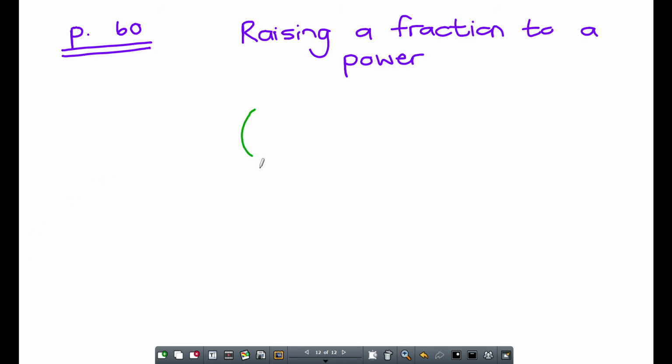If I have a over b in brackets to the power of n. Can you see I've got a fraction and that whole fraction to the power of n? Good. Because that n applies to everything inside the bracket, it means that this is the same as a to the power of n over b to the power of n.